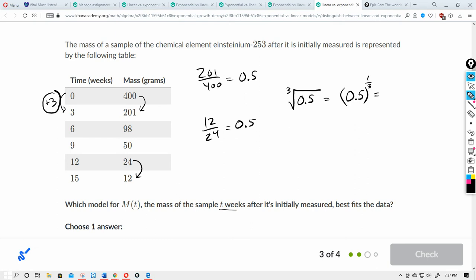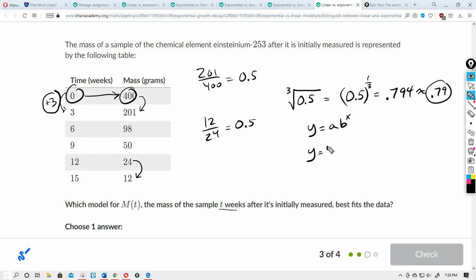And I get 0.794. Okay, so I'm assuming they're going to round it to at least 2 decimals, if not one. We'll say 0.79 for now. So remember the exponential equation, y equals a times b to the x. At time 0, the initial value is 400.